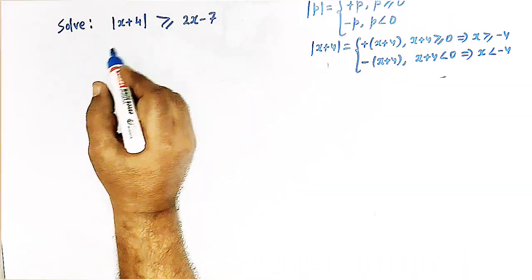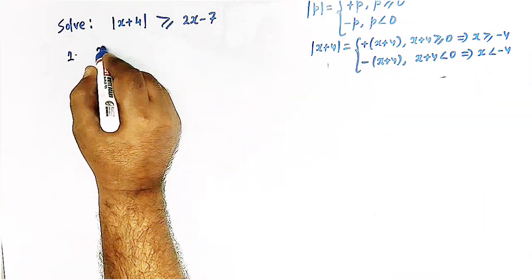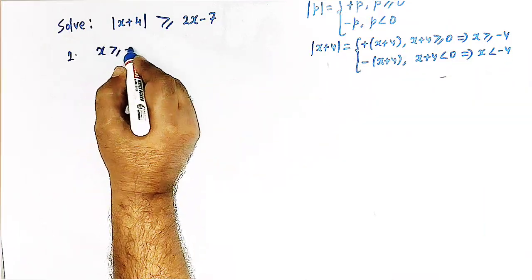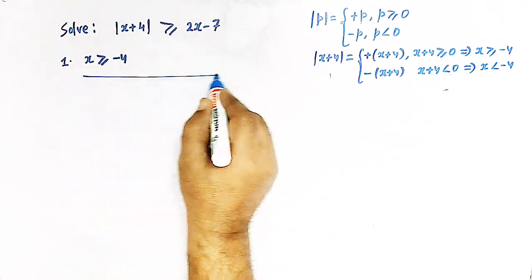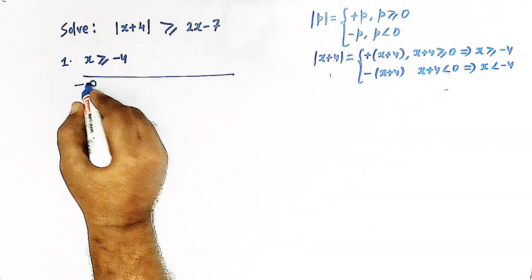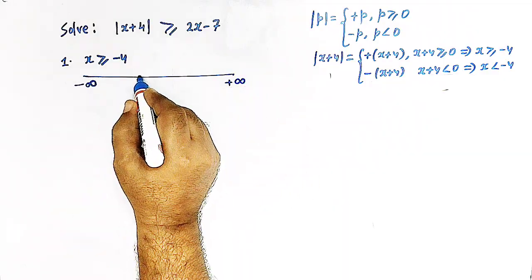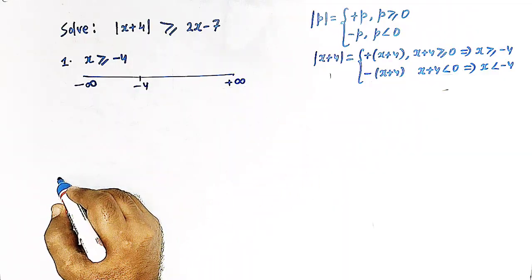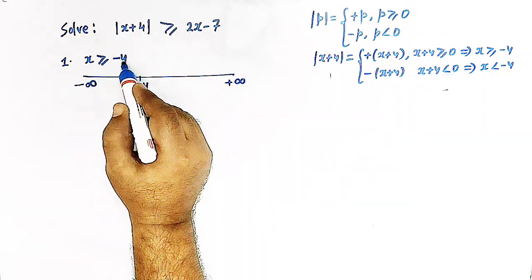So the first one is when x is greater than or equal to minus 4. So now here we have the real number line. Here we have minus infinity, here we have plus infinity, and here we have minus 4, right? And here x is greater than or equal to minus 4.